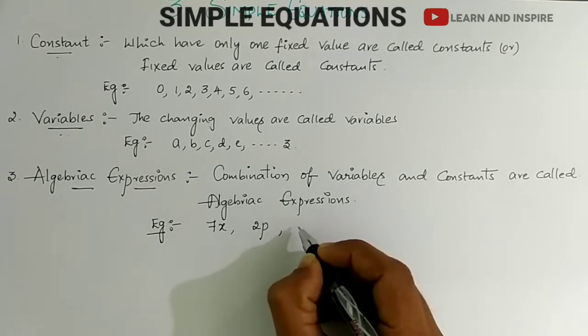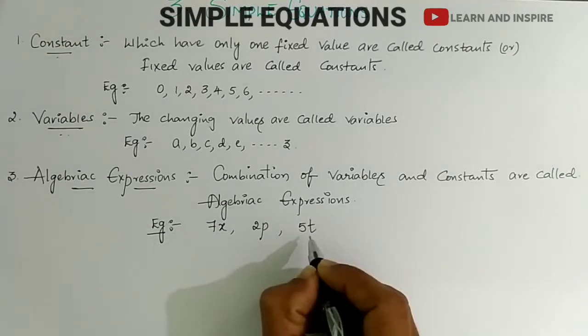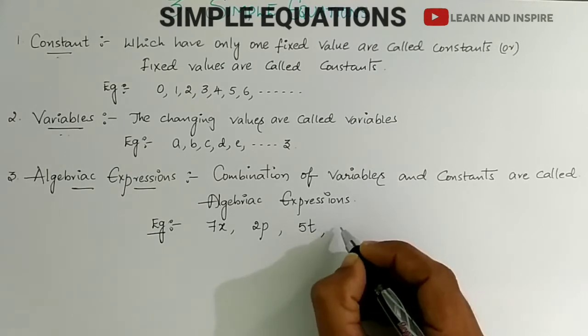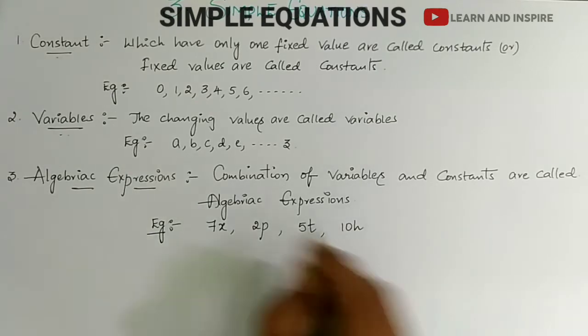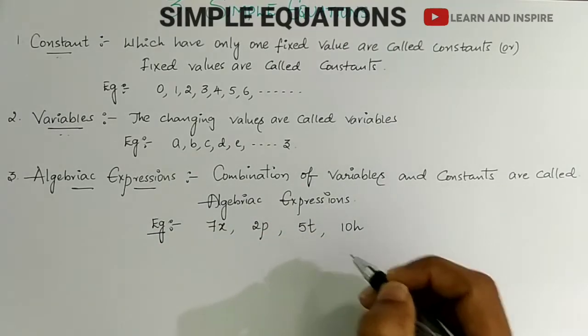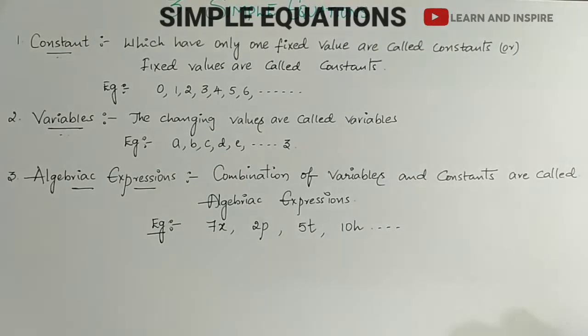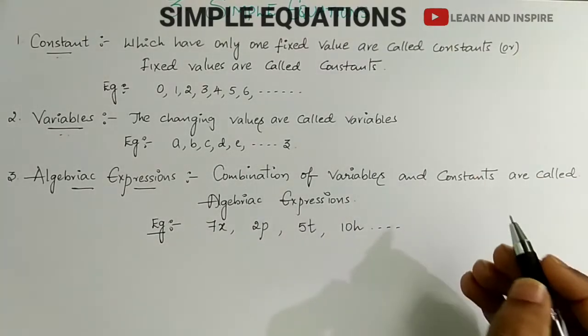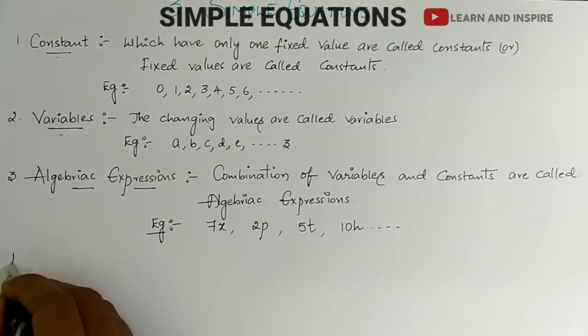One more example, 5t. 5 is a constant and t is a variable. One more example, 10h. 10 is a constant and h is a variable. So we can write so on. Combination of constants and variables are called algebraic expressions. Understood?